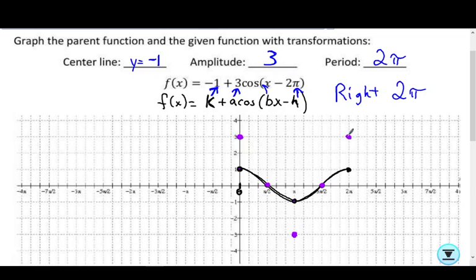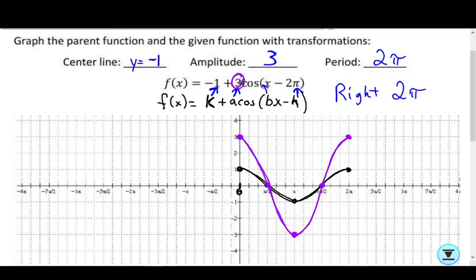Zeros are in the same place. So here is your first transformation. This is my vertical stretch, this number right here. That's why I have you use different colors for each one, so that you go back and say, okay, the purple one, that was that number.